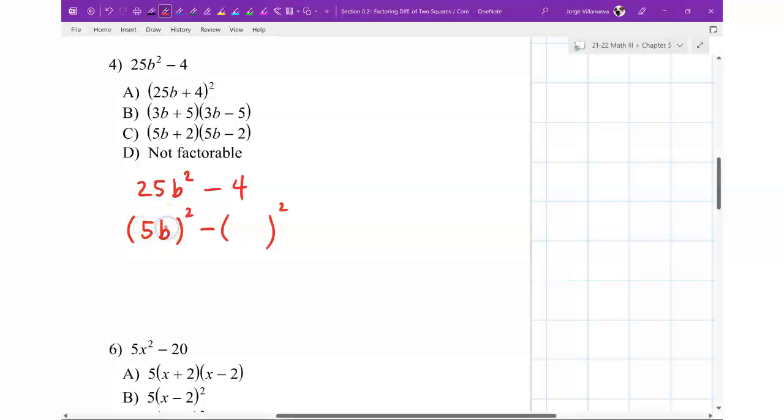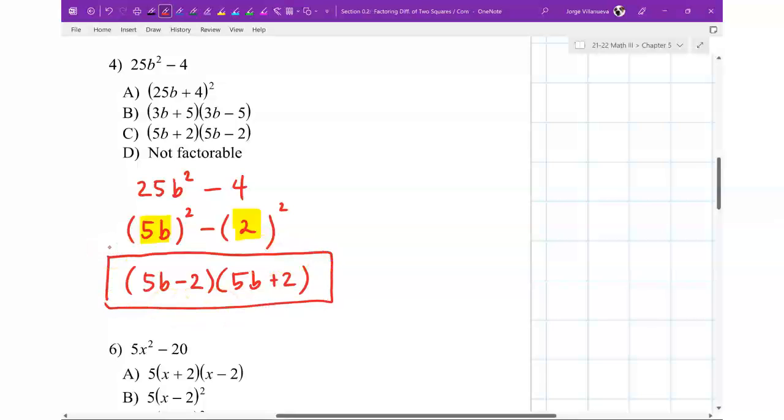So in there, I'm going to put 5b, because 5b squared is 25b squared. On the other side, what squared is 4? 2. So here we go. I got my keys to my factors right there, 5b and 2. So all I have to do is put 5b minus 2, 5b plus 2, and I'm done.